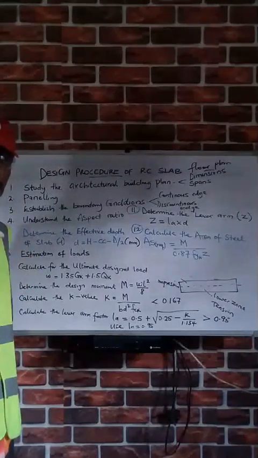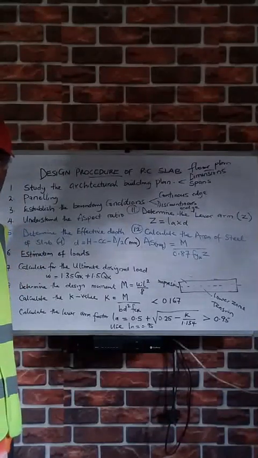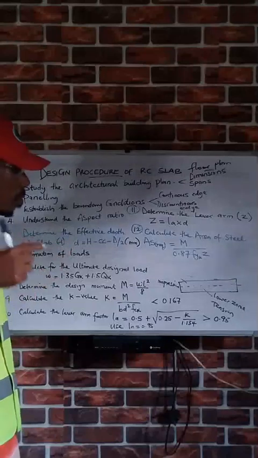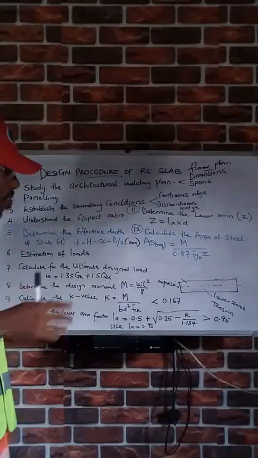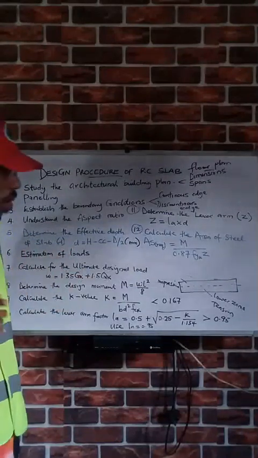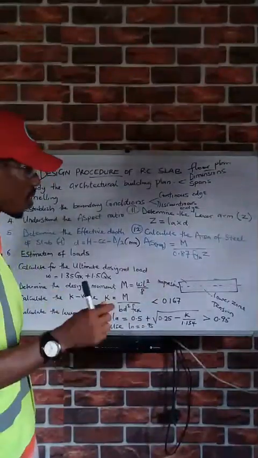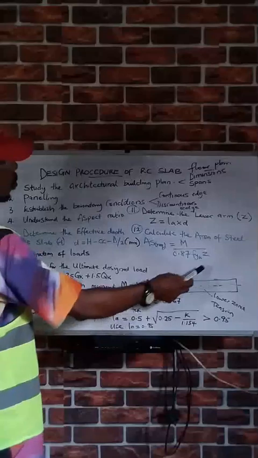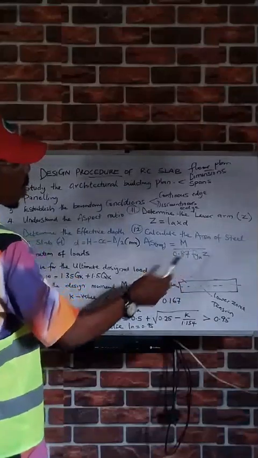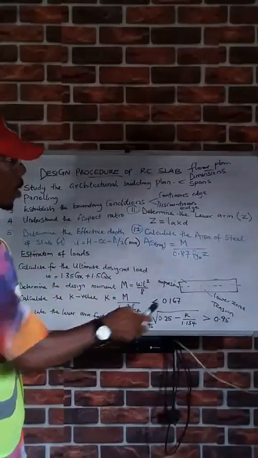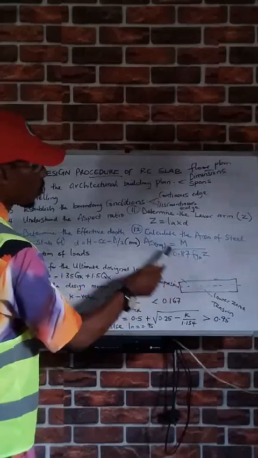If it is 410 Newton per millimeter square, you substitute that for your FYK, so your FYK becomes the strength of reinforcement. Then Z is your lever arm.